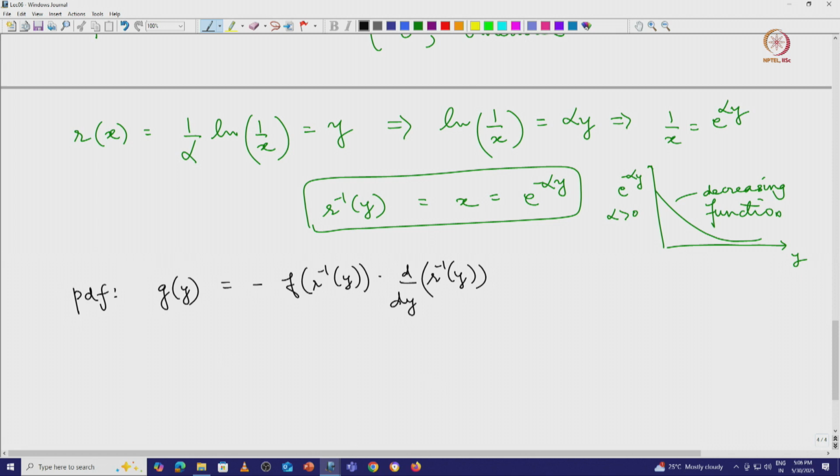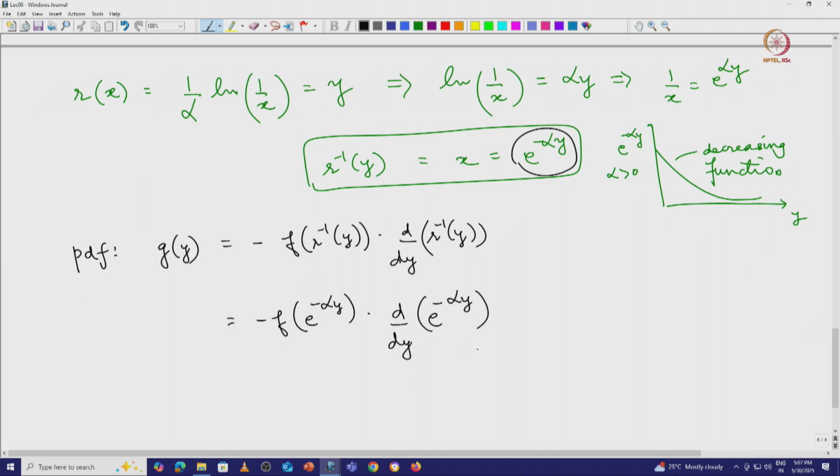Now we know already that r inverse y is e to the minus alpha y. So this becomes minus f of e to the minus alpha y times d dy of e to the minus alpha y.